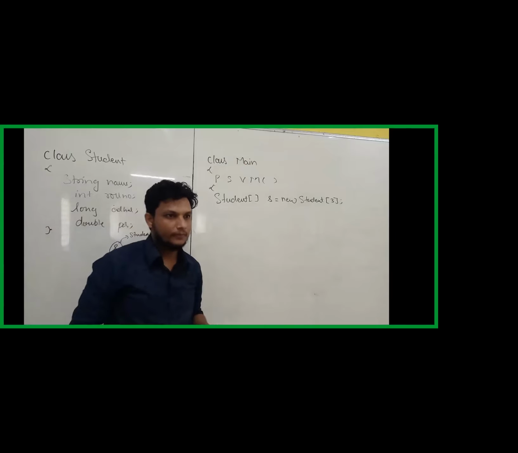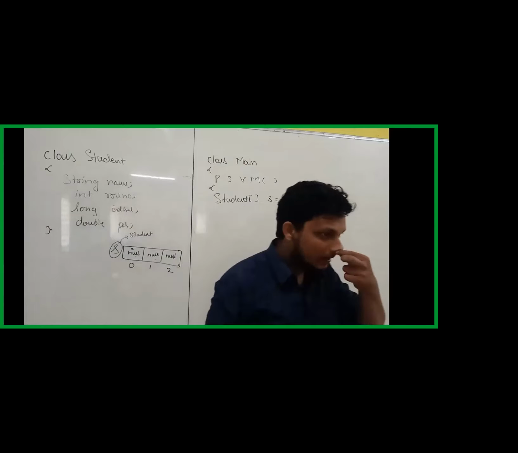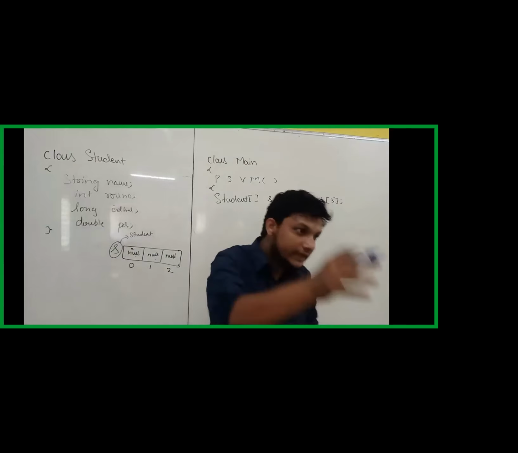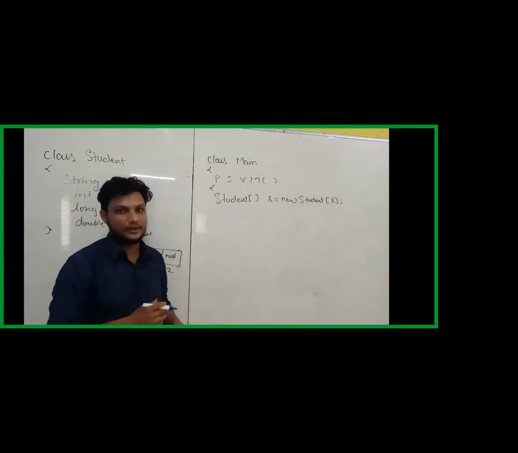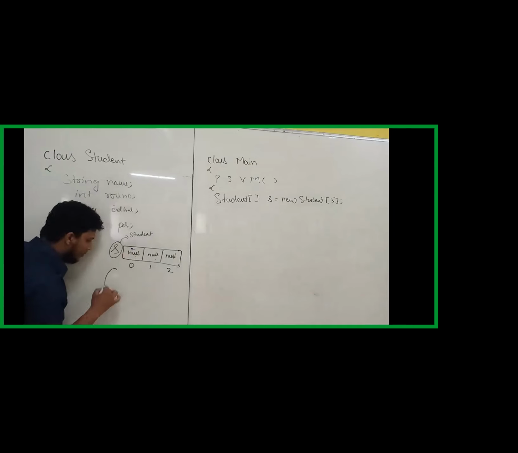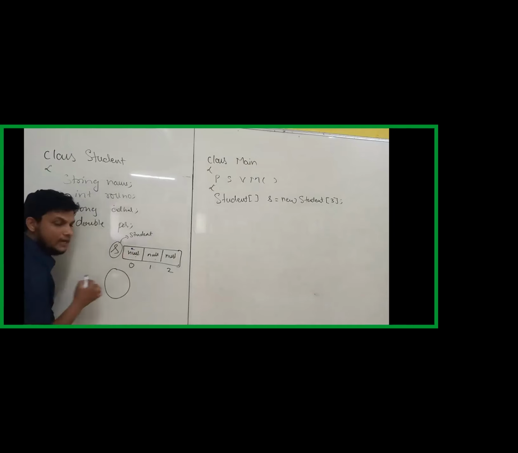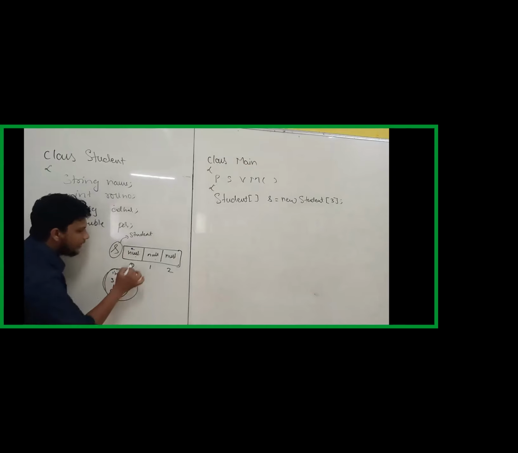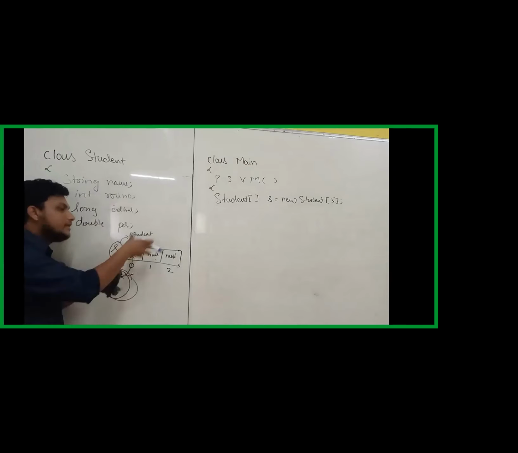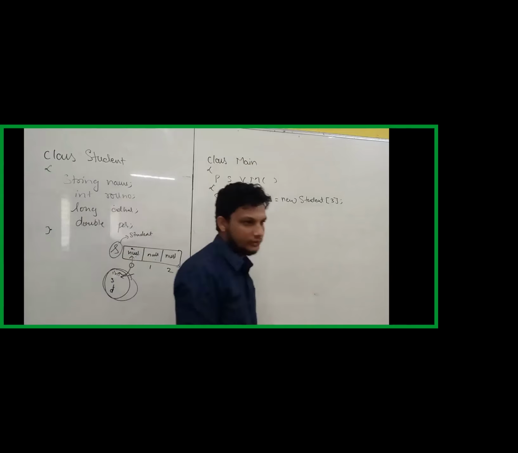Different types of data like string, long, you cannot store directly inside Student. You have to store a Student object. Directly I cannot store an integer, so I'll create an object of Student, and in that object I'll store the integer, string, long and double, and this entire object I'll store in the array. Till today in an array we directly stored the values, but now I'll store the object, and inside the object I'll store the values. Got the clarity?